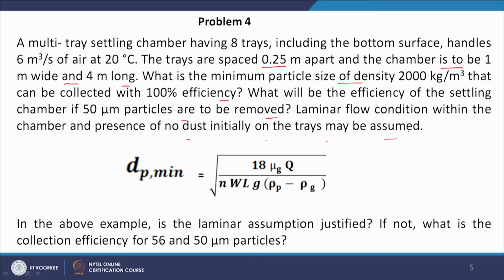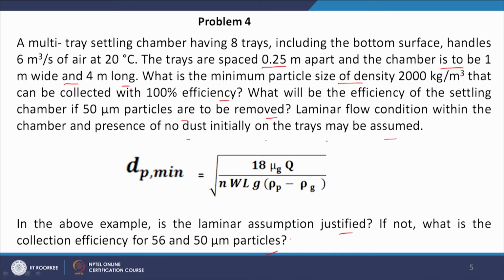So, this is given, and dp minimum we can calculate by using 18 mu g Q by n W L g (rho p minus rho g). In the above example, is the laminar assumption justified? We have to check it, and if not, what is the collection efficiency for 56 and 50 micrometer particles.